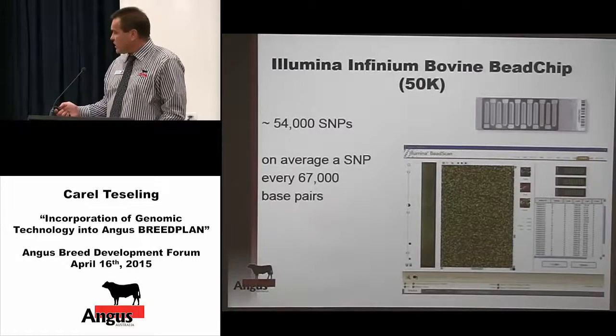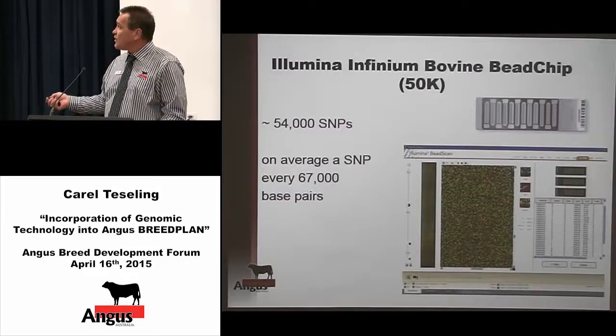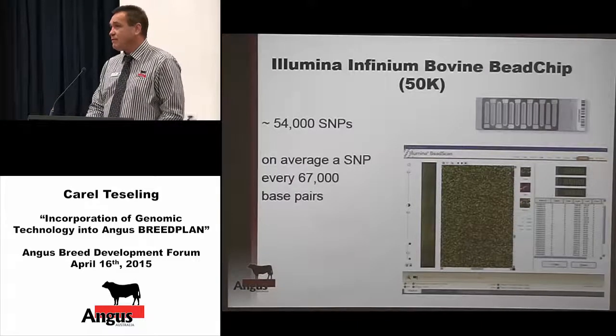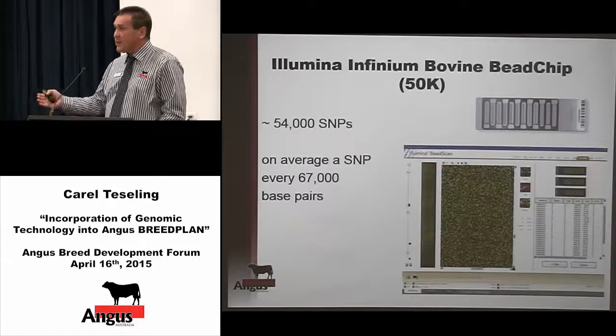But in this case, as I said previously, there are about 10 million SNPs available for us, and what we have here is really 54,000 to work with. As I said previously, there's about one SNP available for every 300 nucleotides.